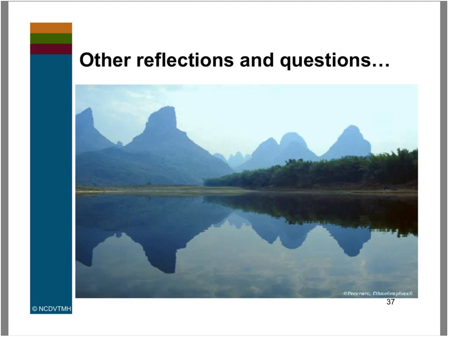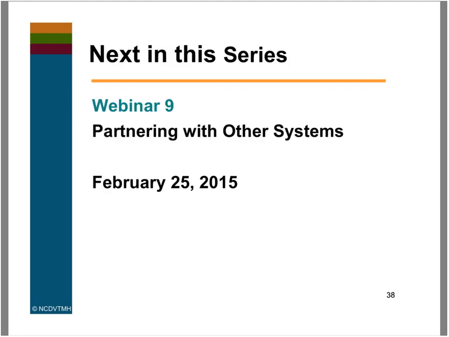I'm trying to advance the slide and I'm having trouble. Here we go. So the next in this series is February 25th, and it's going to be partnering with other systems. We're going to look particularly at those systems that children and families interface with: early intervention, schools, child welfare, mental health.